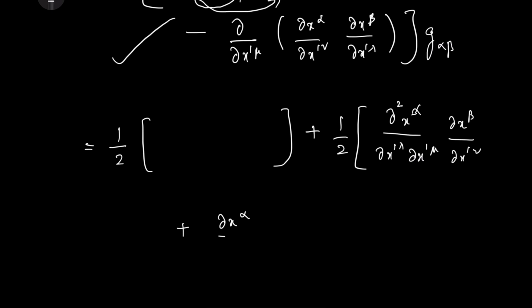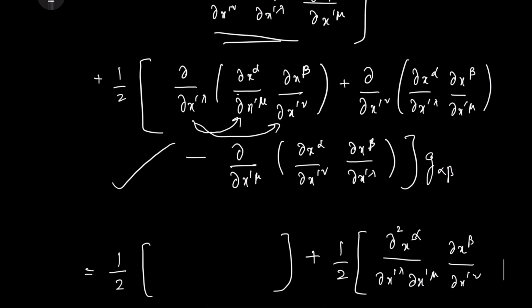Now I'm not touching it. Now the second derivative of x beta with respect to lambda and mu, plus. Okay, so now we are done with the first term. Now we have to go to the second one, this one.